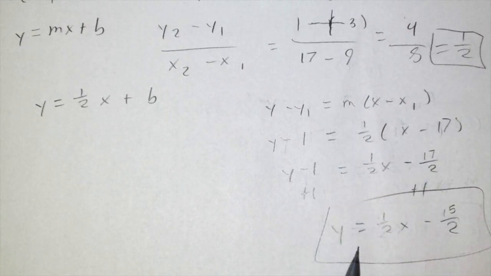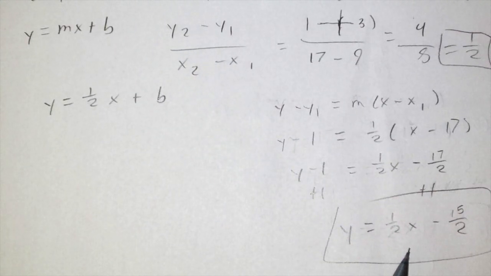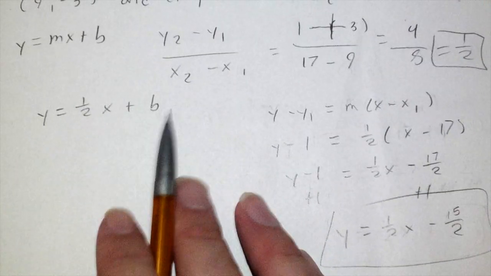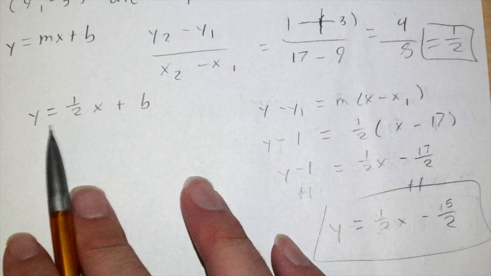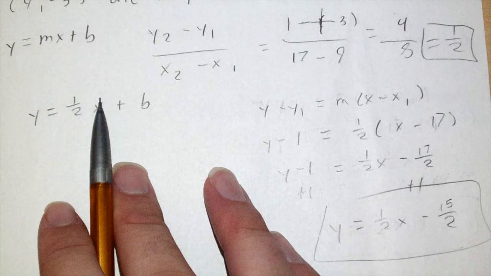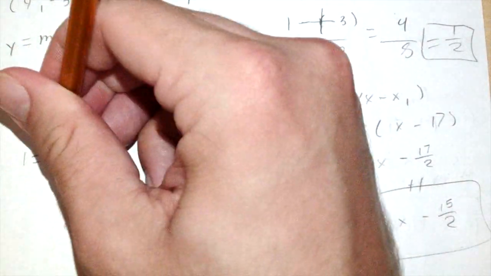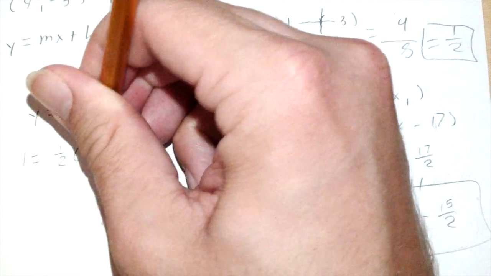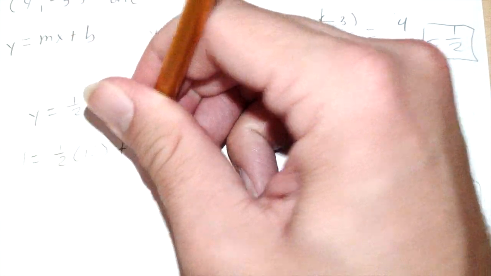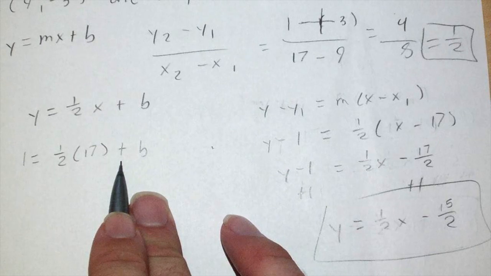So this is what it actually should look like, but I didn't care to change the explanation because I thought the explanation was fine, but maybe you noticed that, so this is correct. But now we can go back to this and find the same equation by just plugging into this. So if x is 17 and 1 is y, we can plug in and solve for b.